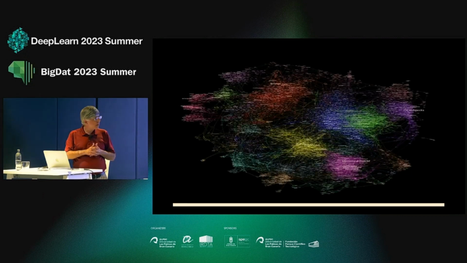This is a map of English that we built by looking at the word embedding. Every dot on here is a word. I don't remember how many thousands of words there are.